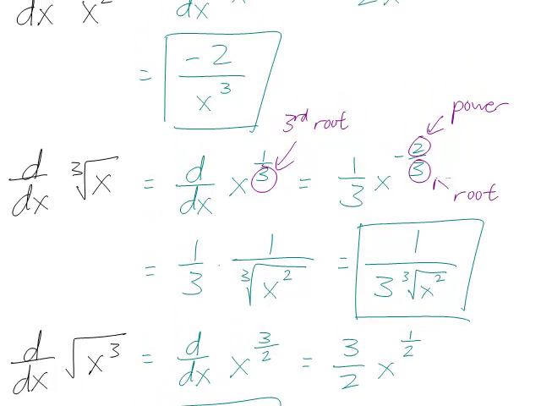And always remember that when you have a rational exponent, the numerator means take x to this power, and the denominator means take this root of x, and negative sign once again means reciprocal.